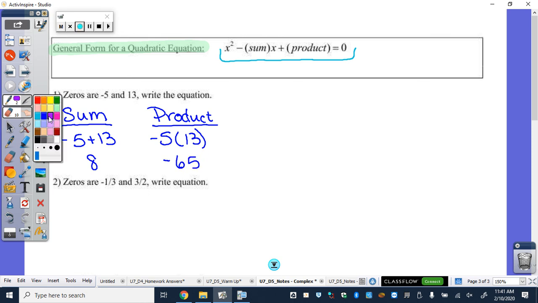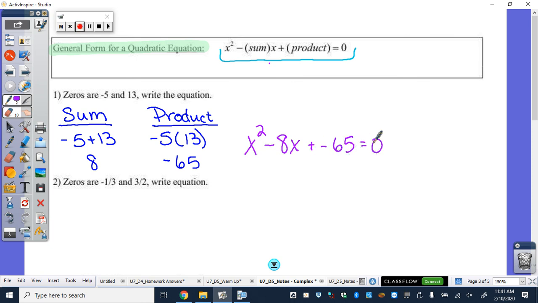So then our equation, we're just going to follow along with this. It would be x squared minus the sum times x plus the product, but my product here is a negative. So do I have to write plus negative 65? No, generally they don't like to see that, so we would just write it as minus 65. And that's all you have to do for your quadratics. Add your roots, multiply your roots, plug it into the formula.